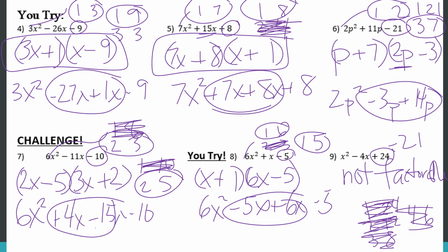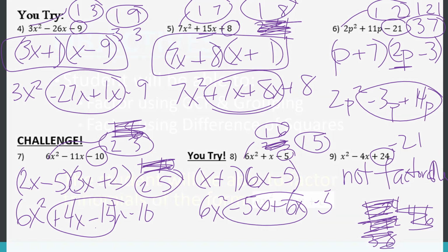Some of them can't be factored, so we can't use GCF on that. They don't all have something in common. We can't use difference of squares because it's not 2 terms. We can't use grouping, it's not 4 terms. And when I tried my method of guess and check for a trinomial, none of those combinations give me that -4 in the middle, so it is not factorable. Okay, that will happen sometimes.